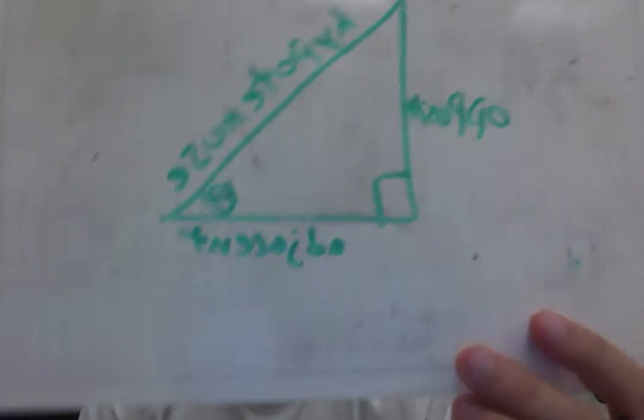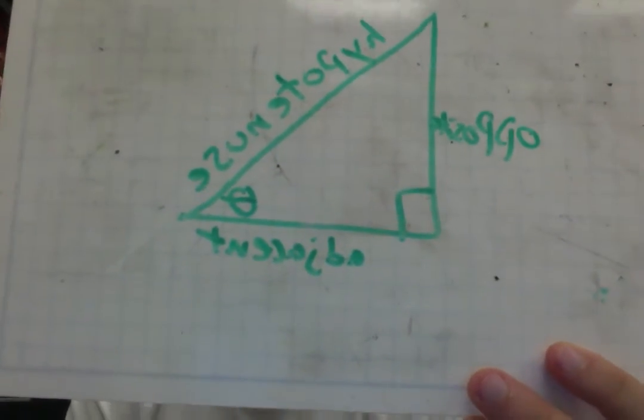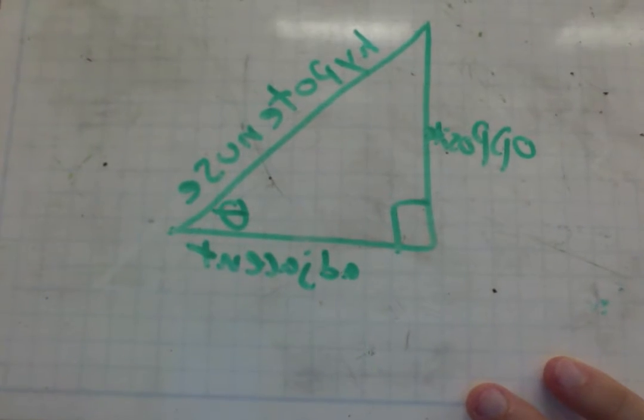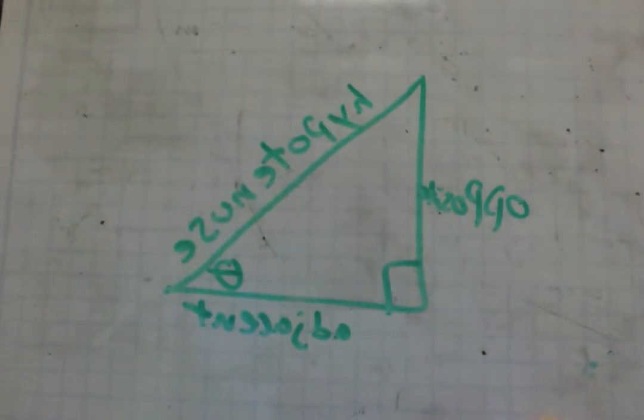And then our third side, the one that's down here, that would be labeled the adjacent side. So those are the three words that we're going to use a whole bunch to label our sides. So you've got hypotenuse, opposite, and adjacent.